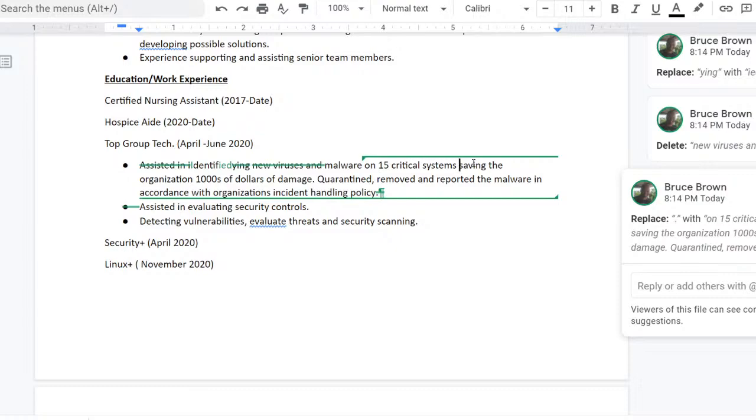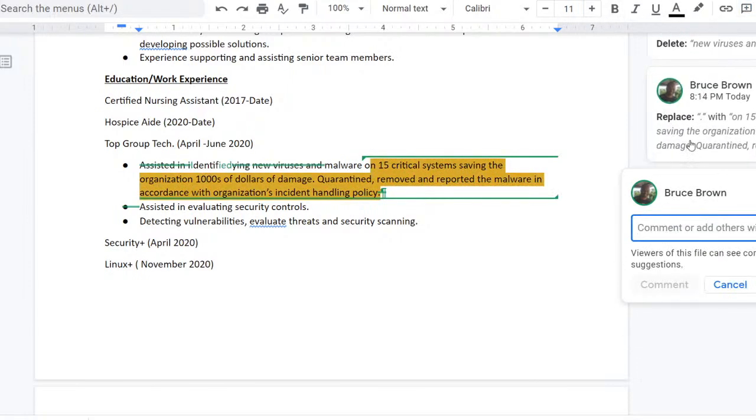15 critical systems, saving the organization thousands of dollars of damage, quarantined, removed, and reported the malware in accordance with the organization's, this is going to be possessive, organization's incident handling policy. Now I'm going to explain to her why I put all this stuff in here and the idea behind what I'm trying to do.